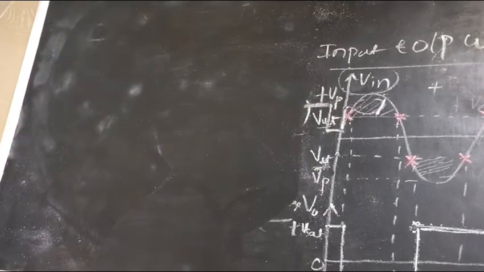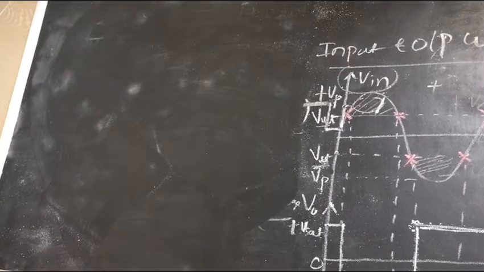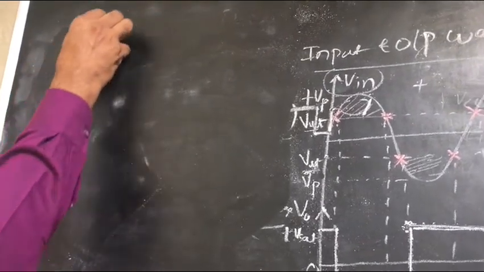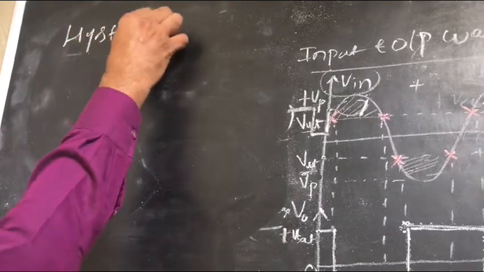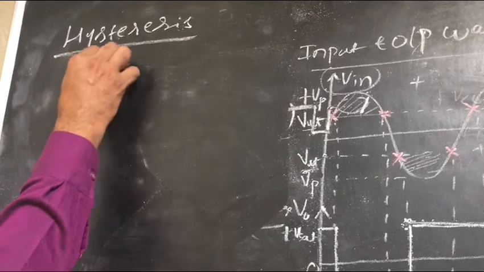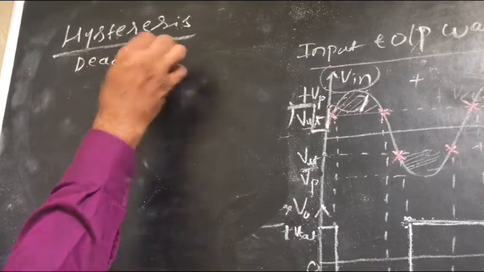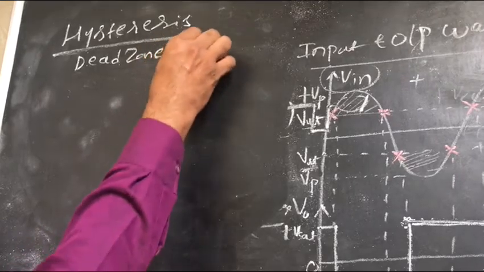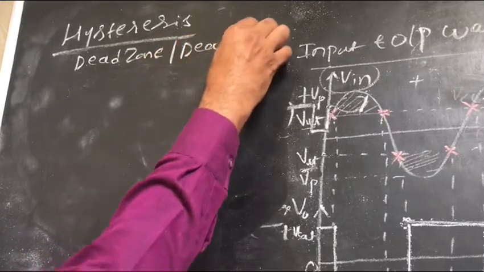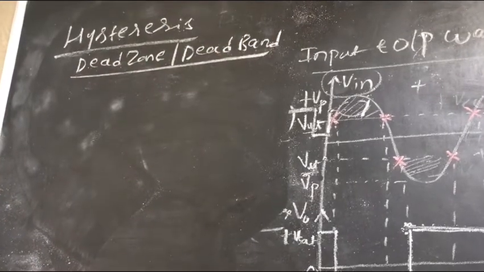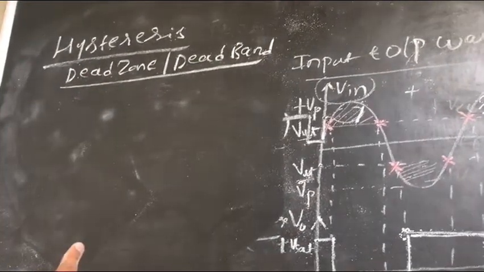Now let us understand one more important concept in a Schmitt trigger, that is hysteresis. That is hysteresis, which is also called as dead zone, or it's also called as dead band. Hysteresis is a very important concept in Schmitt trigger.